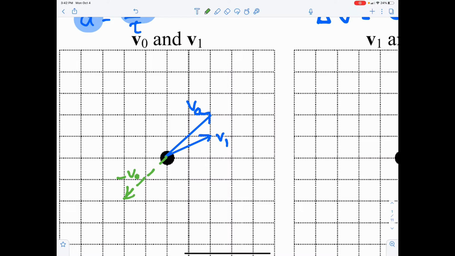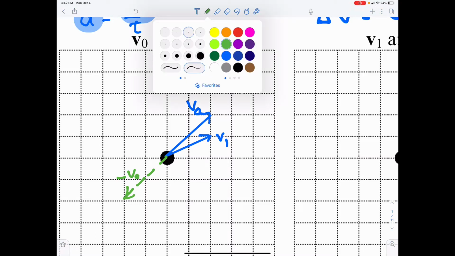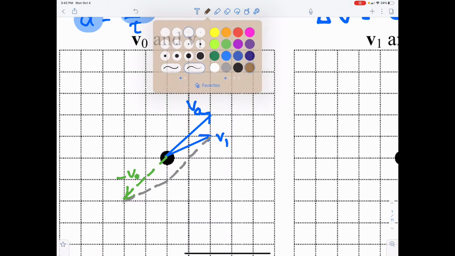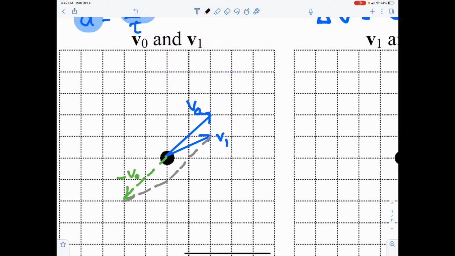So now what we can do is complete the parallelogram, where this side is parallel to that side, and this gray side is parallel to that side. Okay, so we've completed our parallelogram. And in black, I'll go ahead and draw from where the two tails are meeting to the opposite end.